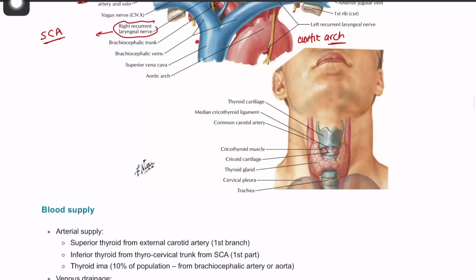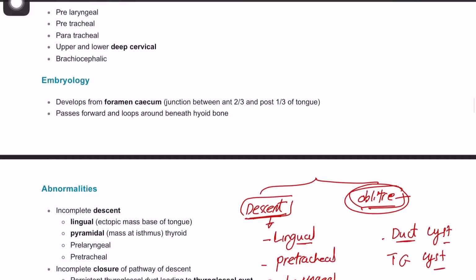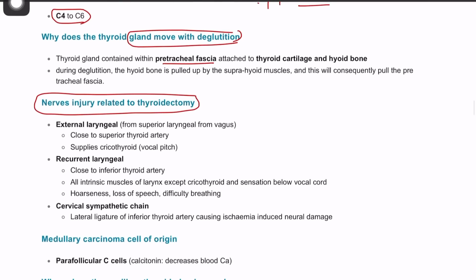So these are the rationale for doing this. So you have external laryngeal nerve injury, and we can mention the function of each nerve now, and then we can elicit the consequences of the nerve injury. And the recurrent laryngeal nerve injury as well, close to the inferior border of the gland. This is close to the superior border of the gland, and this is the inferior border of the gland.